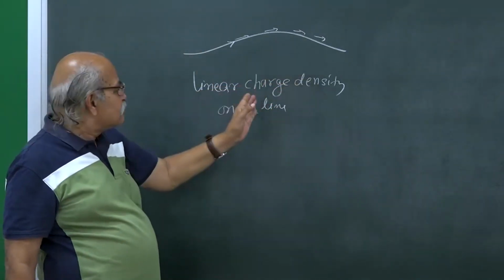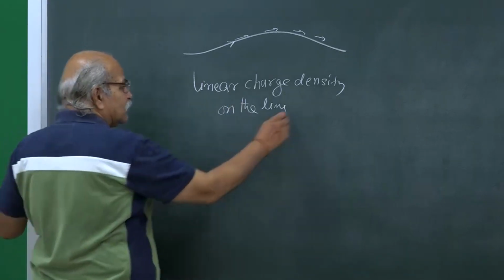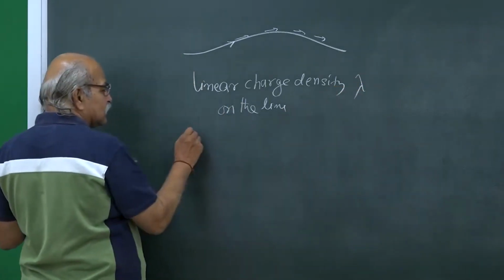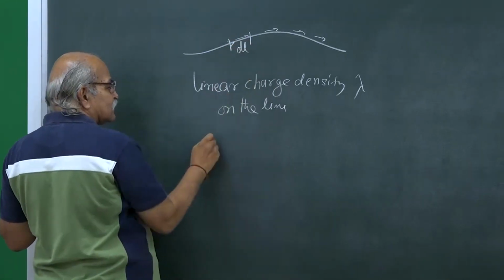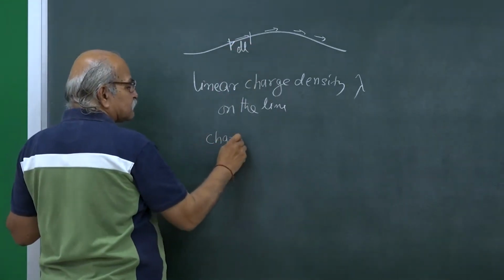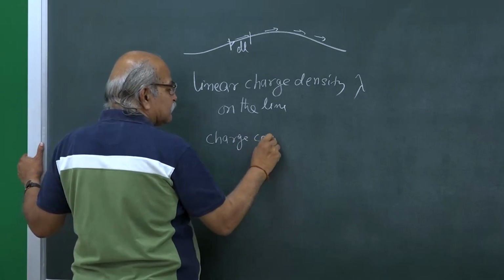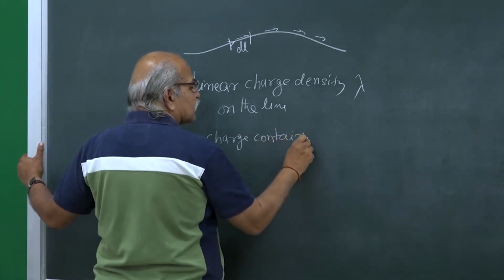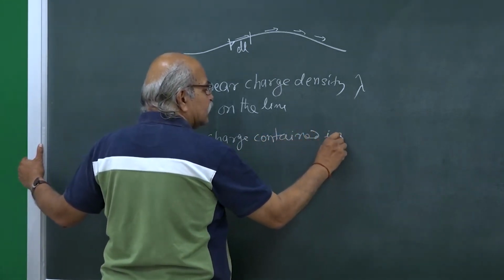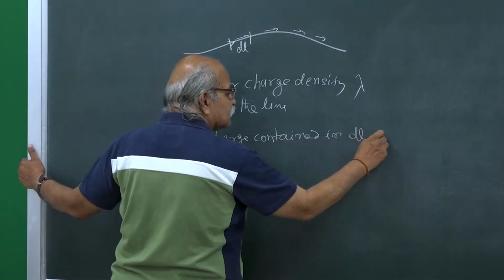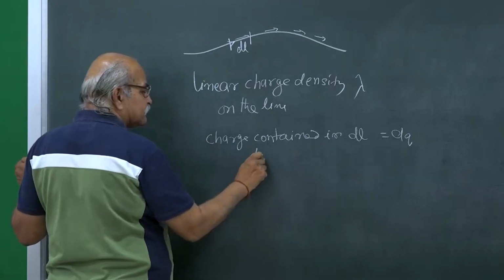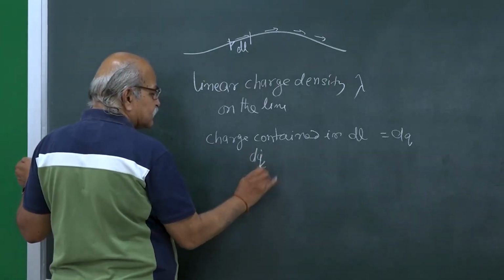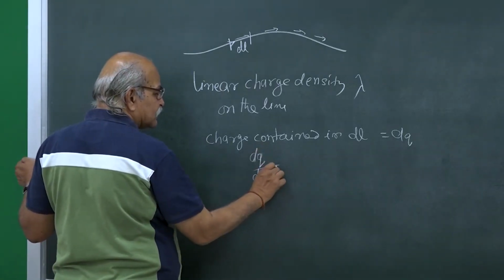So, you have lambda, we write it lambda, and what is this? If you take a length dl, then the charge contained in dl, if this is your dq, then dq by dl is known as lambda.